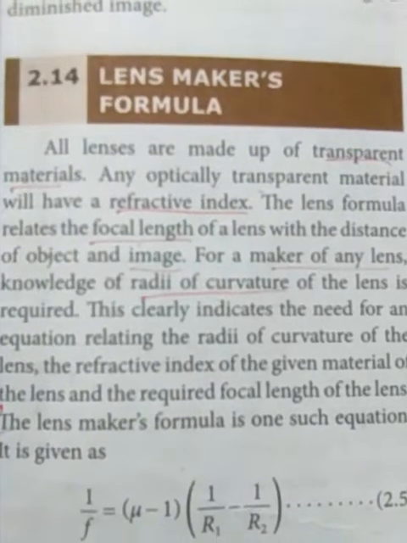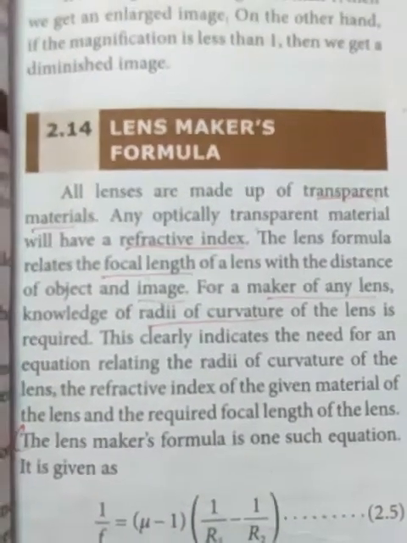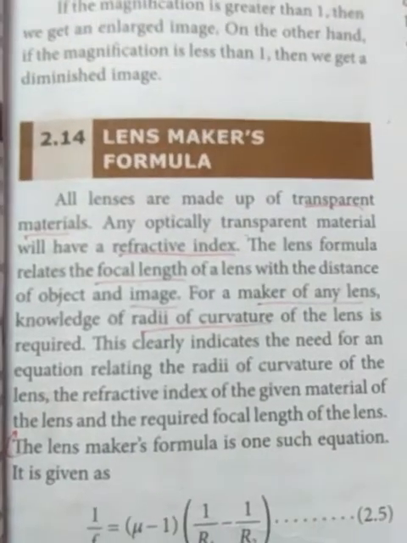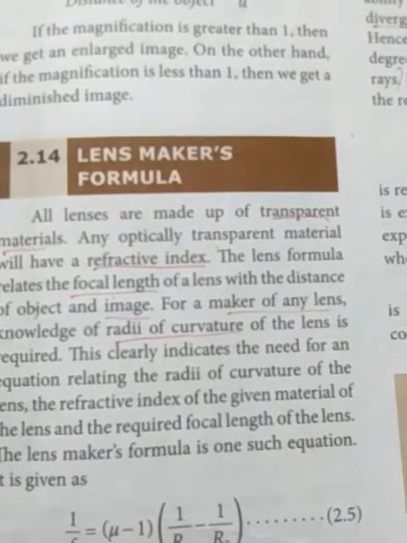So next one, you see the lens formula, the lens maker's formula. Okay, lens maker. You see that all lenses are made of transparent material. Any optically transparent material will have a refractive index.